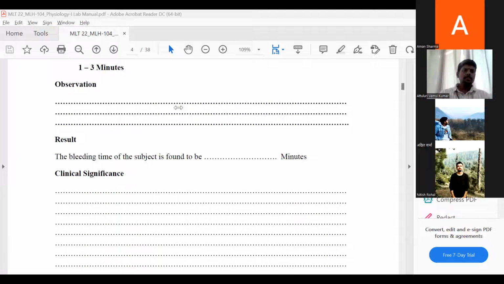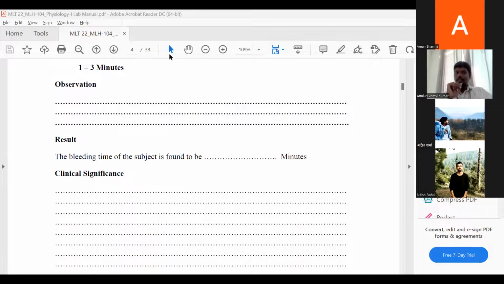Every 30 seconds you need to take a spot. No need to prick again and again. From the same prick, you need to wait. You cannot prick multiple times. We have to press the finger and collect one drop, then again press the finger. Okay, sir. Thank you, sir.